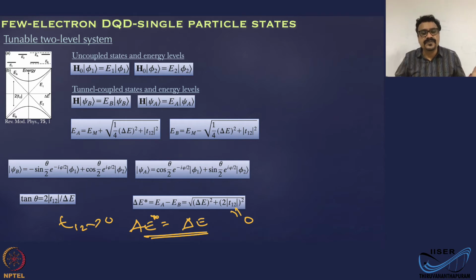So the tunnel coupling between the two dots or two systems is what's going to give you the new energy states or new energy distribution. This is the overview of the molecular states we are discussing when you bring two dots and couple them together.